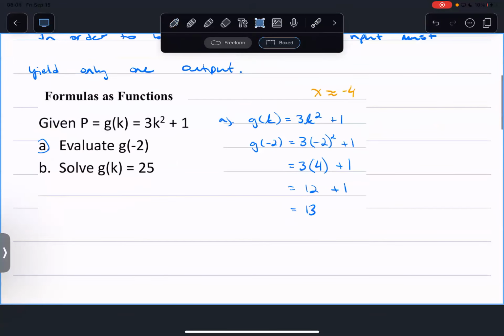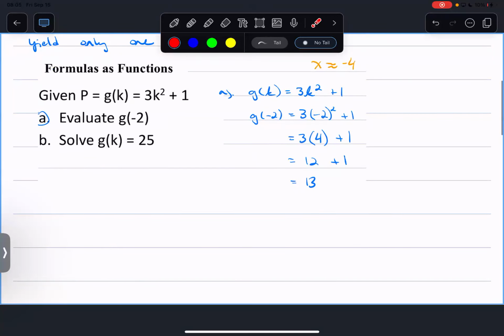Okay, we had this function g of k, which produces some value p. And g of k takes k and squares it, multiplies it by 3, and adds 1. And then we get the output, which we can call g of k or p if we prefer. There's no context for it, so it doesn't matter.